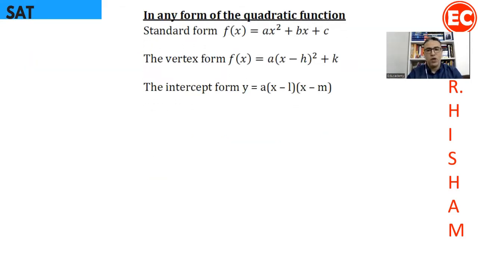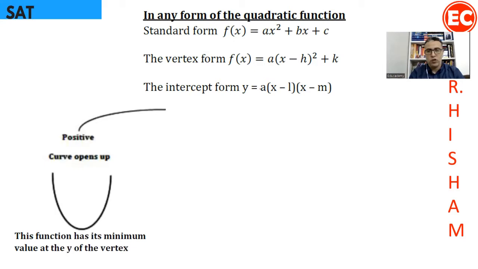But before we go through it, we should know two important things. The graph of the quadratic function is presented by a parabola open upward or open downward. If it's open upward, it has a vertex here, which is represented by a minimum point or a minimum value.